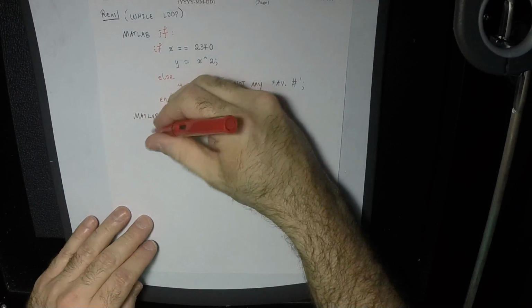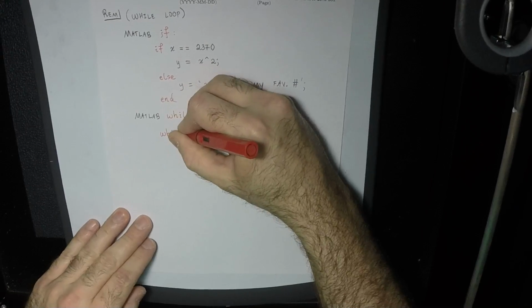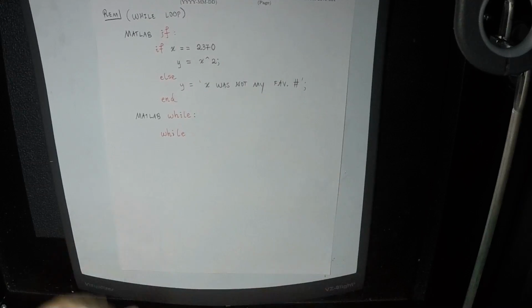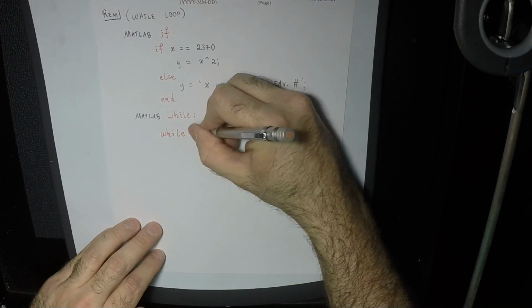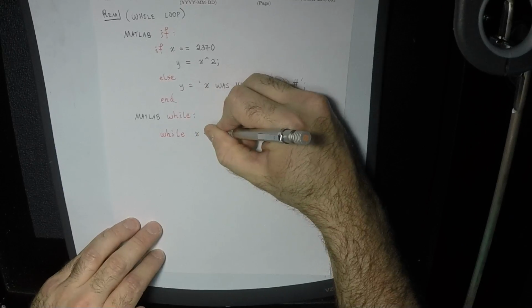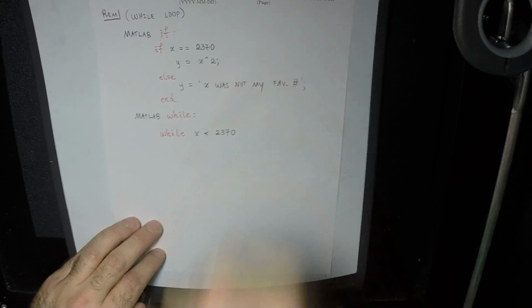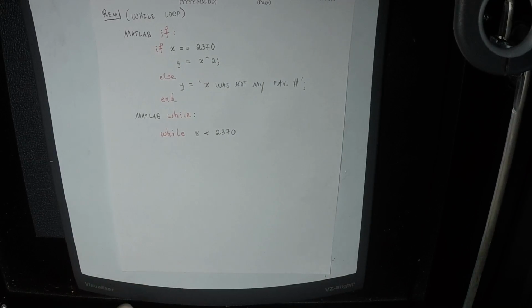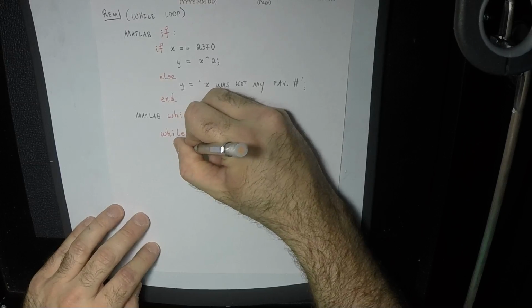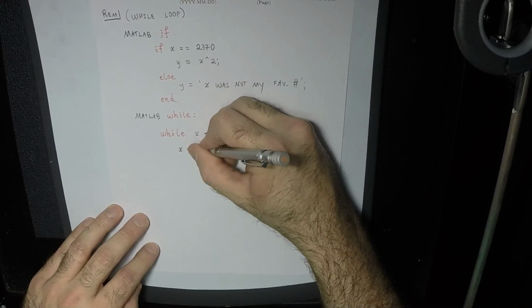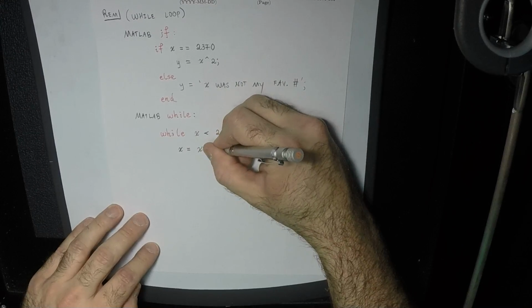You could say while x is less than 2370. So while that, you could say, okay, now I'll do something like x is equal to x plus 20.